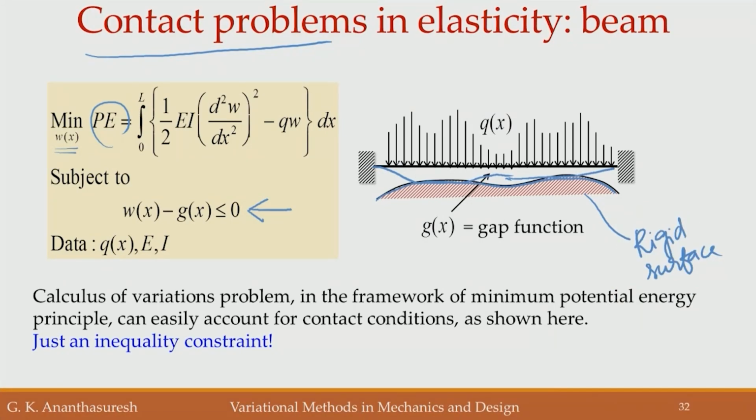The gap function is defined by G of x here, your deformation cannot exceed the gap, that is what we have here as a contact constraint. Now, when you minimize it, you have to also put a constraint here like this, but that is a calculus of variations problem because the unknown is W of x, and the given loading Q of x and material property are known, second moment of area is known, and so forth. Now, we have an inequality constraint referring to the contact condition.